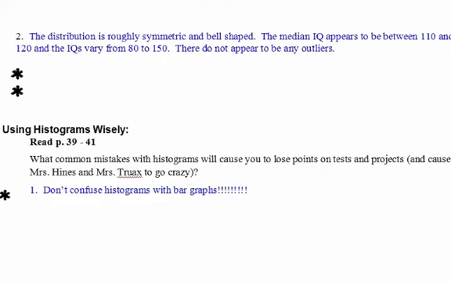A histogram displays the distribution of quantitative data, while a bar graph is used to display the distribution of a categorical variable. The horizontal axis on a histogram is marked in the units of measurement of that variable. The horizontal axis on a bar graph identifies the categories or quantities being compared.